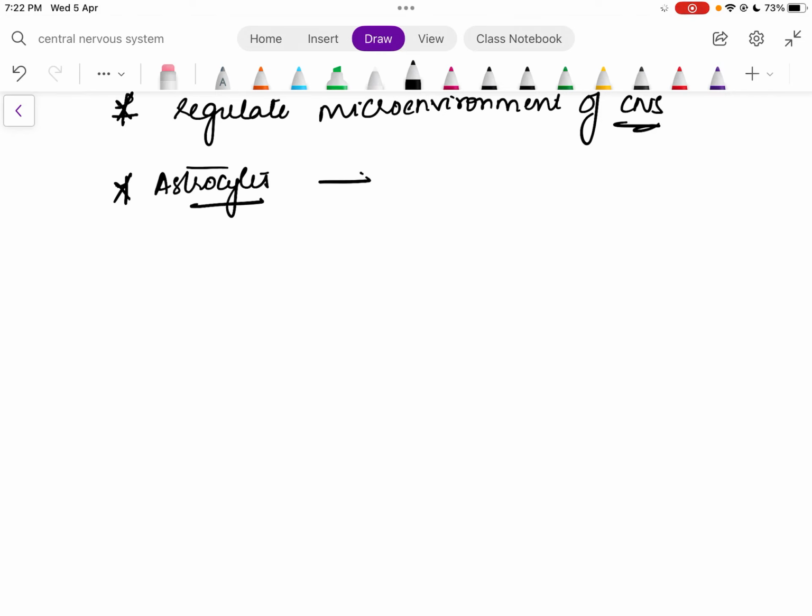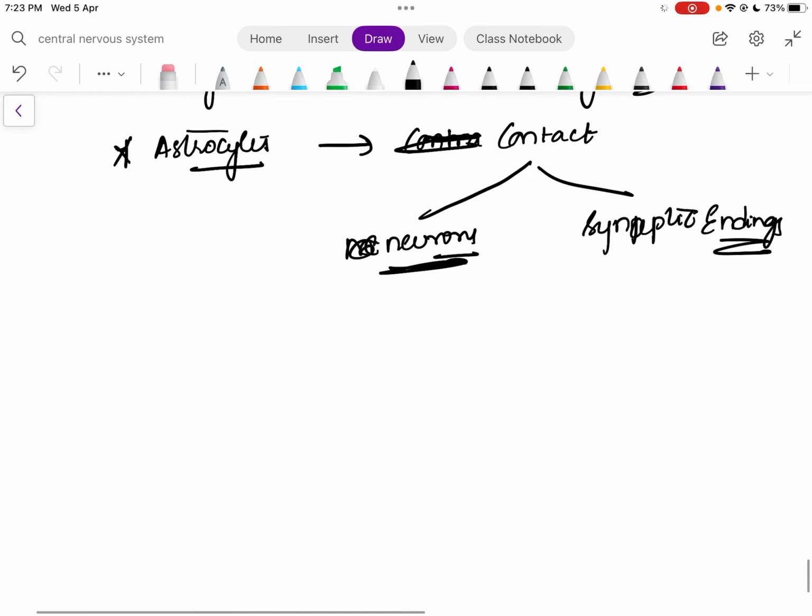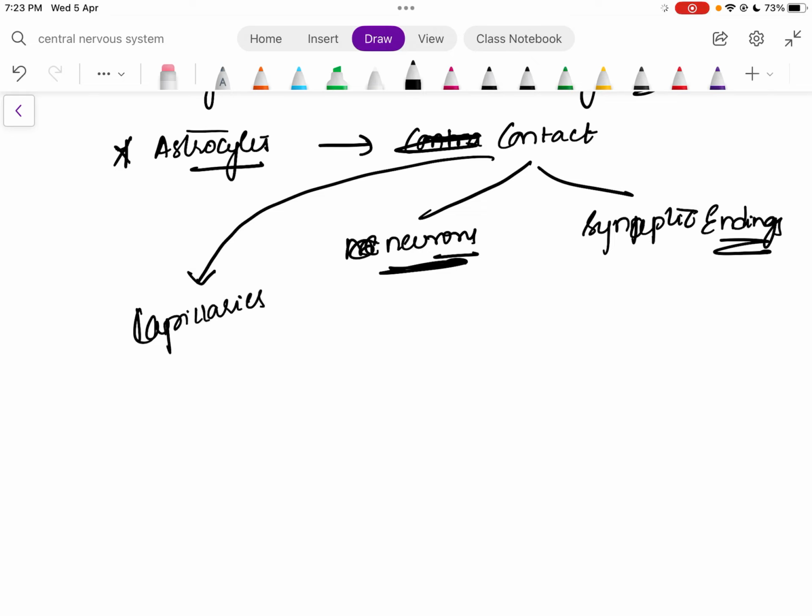Astrocytes, what they will do, they will contact neurons and surround synaptic endings. They will also have contact with capillaries, the blood vessels present in the CNS.